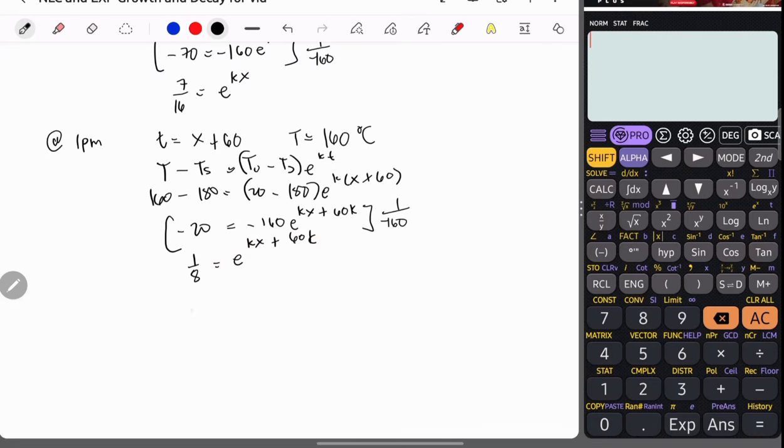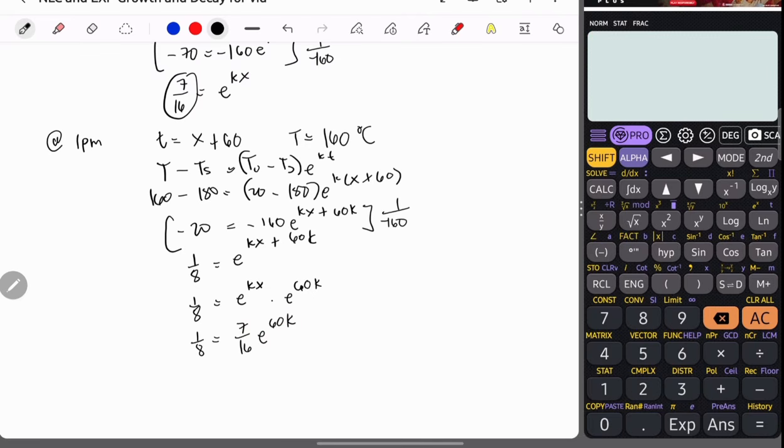Then using the law of exponents, e to the kx plus 60k is equivalent to e to the kx times e to the 60k. And e to the kx is equivalent to 7 over 16. So 1 over 8 equals 7 over 16 times e to the 60k.